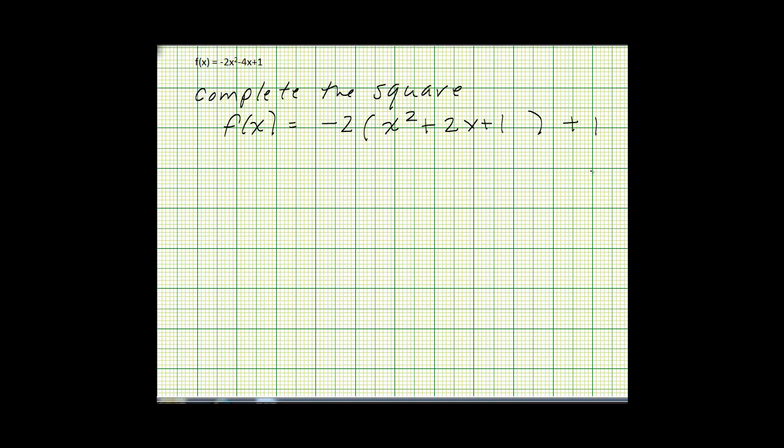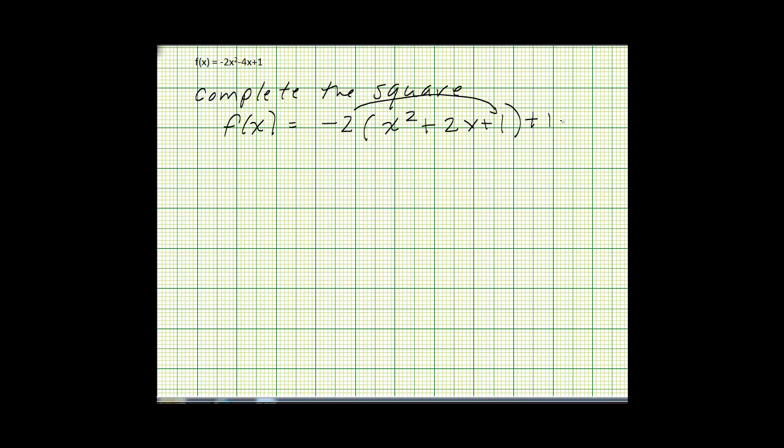Now to keep this even, we want to make sure we subtract off what we have added, and we have to be a little careful here because it looks like we added a 1, but we really didn't just add a 1, because there is a negative 2 out here, and we multiply that negative 2 by that 1. So we have added actually a negative 2.